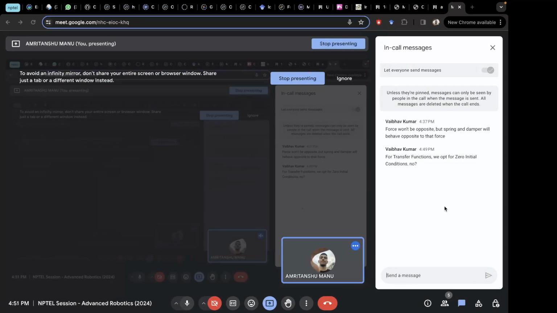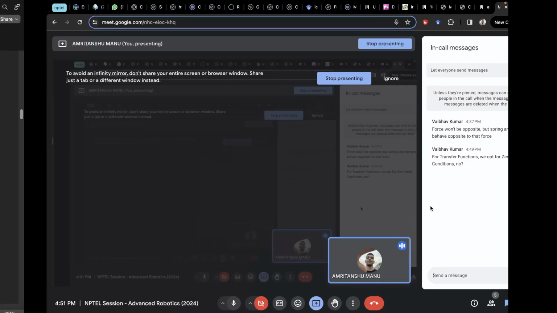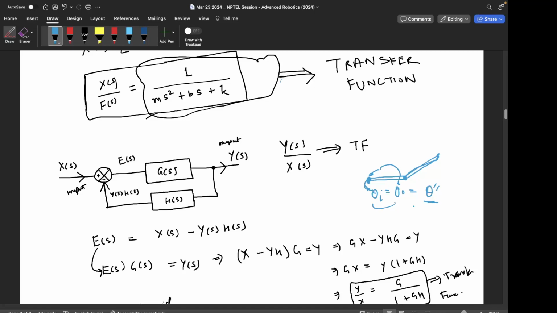Yes, what's the question? For transfer functions, we opt for zero initial conditions. Can you just elaborate your question more? Sir, in this 2R diagram, you have shown theta equal to theta naught, kind of initial condition. So do we take that itself as zero, or theta dot?